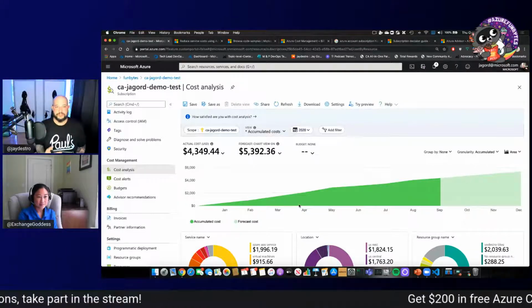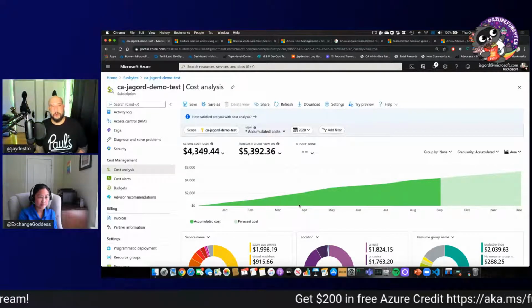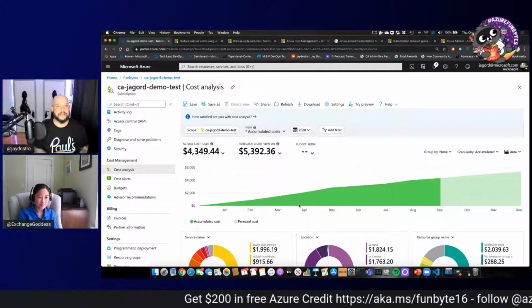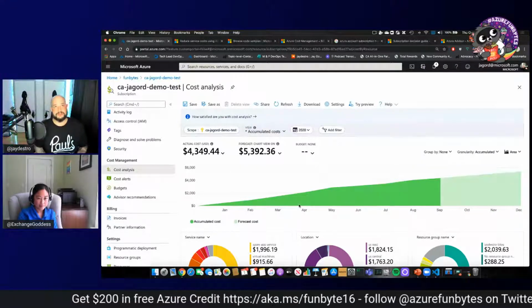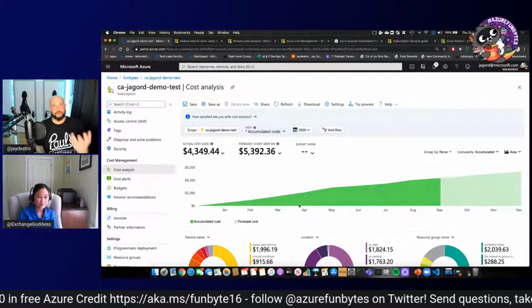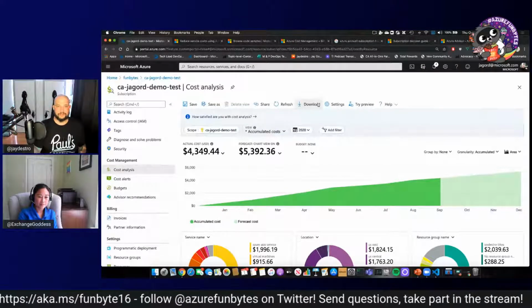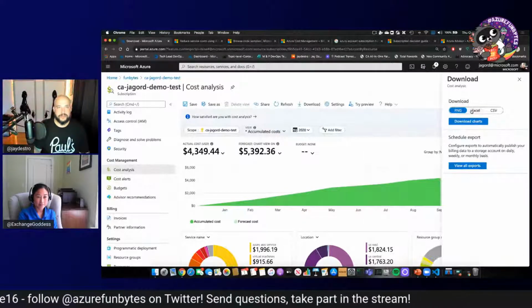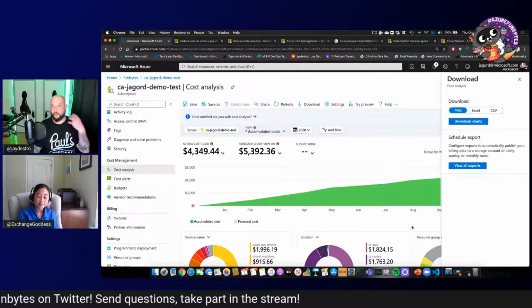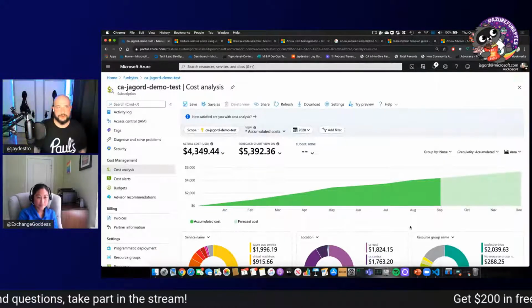They can ask me, what was the billing for X to Y? And then what could we have done to save? I can go into the portal, download the report into Excel, which is what they would want, or a CSV so they could put it into another service.